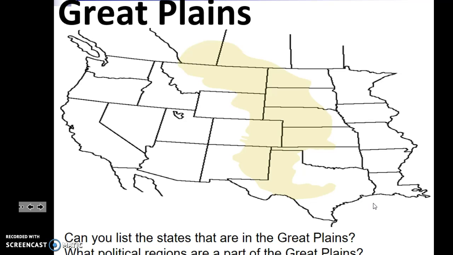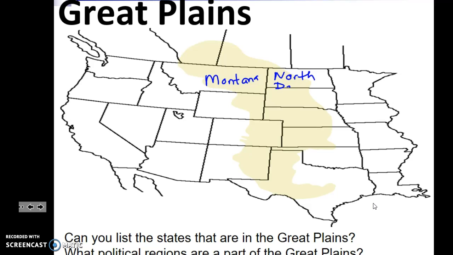So the first question we're going to answer, can you list the states in the Great Plains? So this light brown area looks like vanilla ice cream a little bit. Anyway, yellowish vanilla ice cream. So we're going to list the states that are in the Great Plains. We have Montana. We have North Dakota.